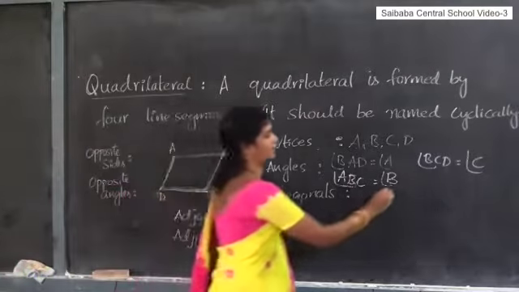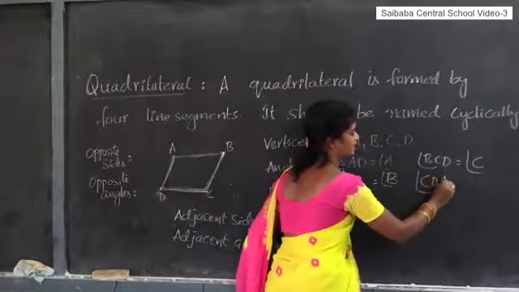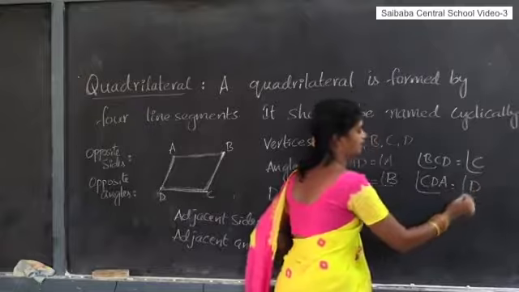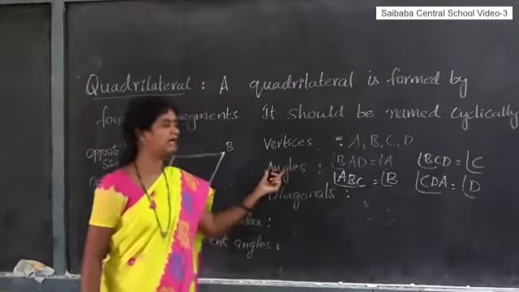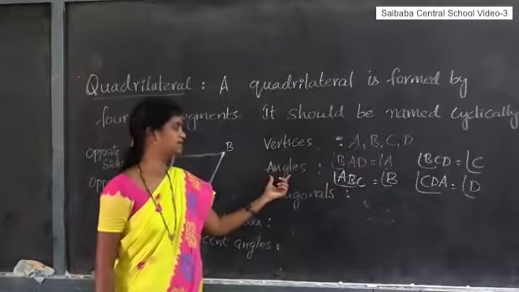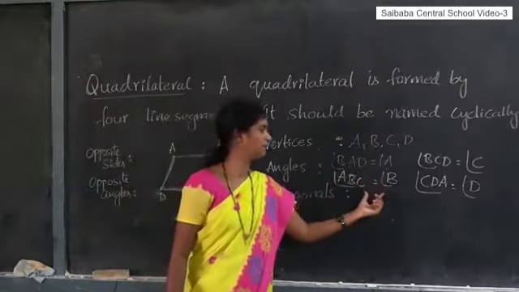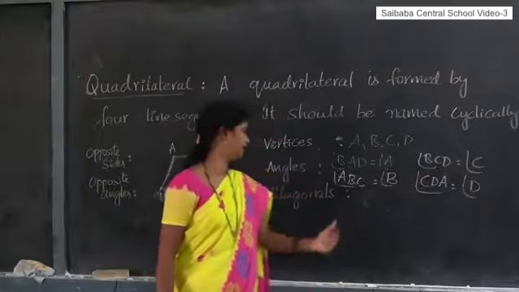CDA, angle CDA, or simply we can write it as angle D. So a quadrilateral has four angles: angle A, angle B, angle C, and angle D.